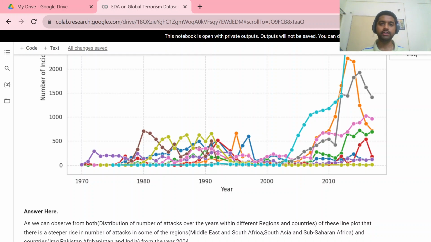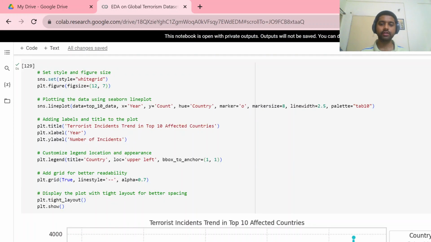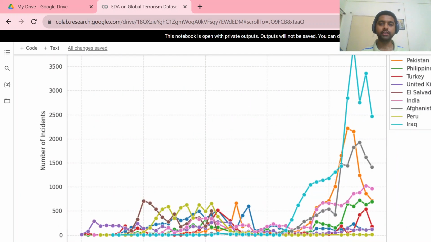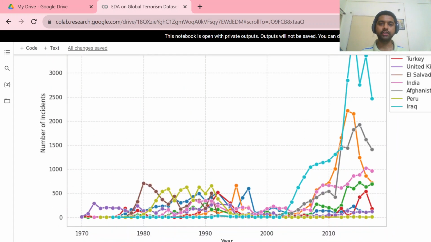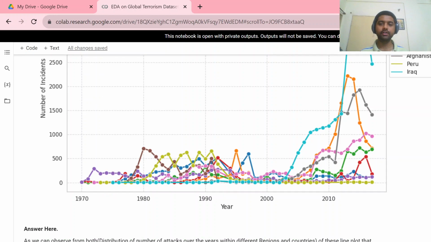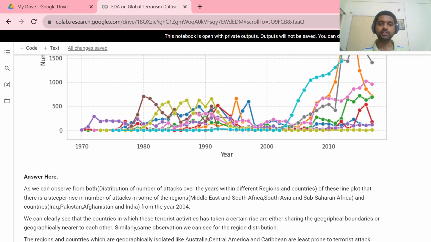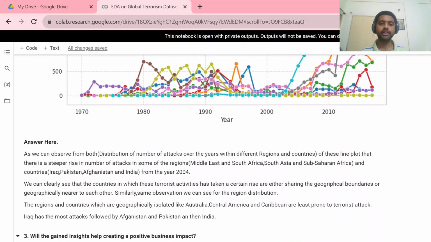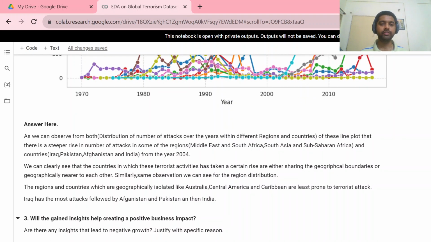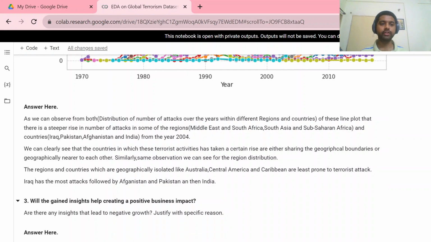So the insight we found from this plot is that the countries affected by these terrorist activities are geographically nearby to each other. Mostly they are sharing boundaries with each other.